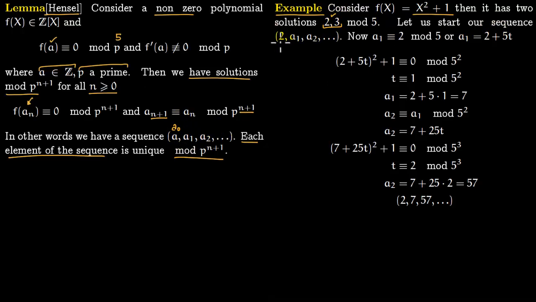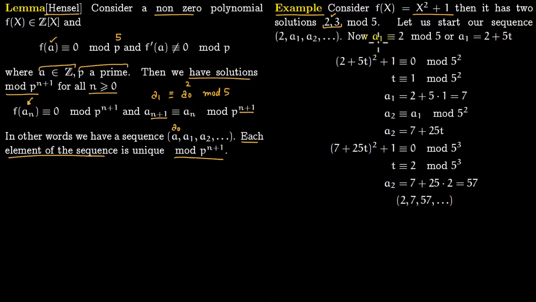So our sequence is going to be 2, a_1, a_2, and we are going to find the first few terms of it. So now we start using this. Now n is 0. So you have a_1 is equivalent to a_0, and a_0 is a, which is now 2, and n is 0, so just modulo 5.